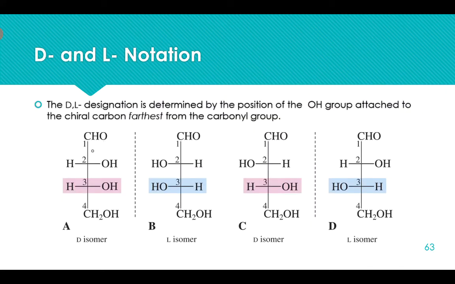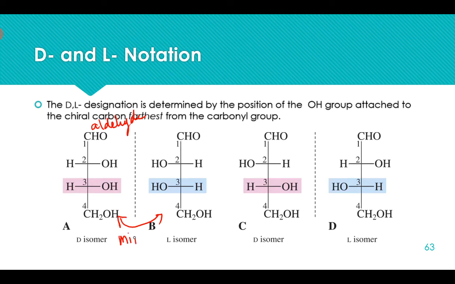So if we do have multiple chiral centers, we are looking at the bottommost chiral carbon, the one that's farthest away from this carbonyl group. You'll remember that this is an aldehyde. CHO is aldehyde. So if we look at the bottommost chiral carbon, this would be the D isomer of this molecule. This would be the L isomer of that molecule. These are mirror images.